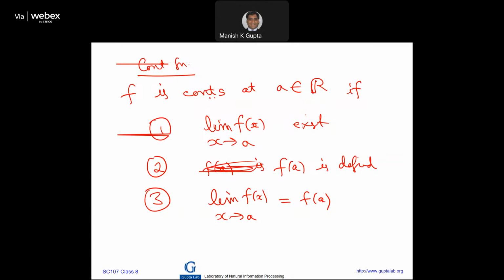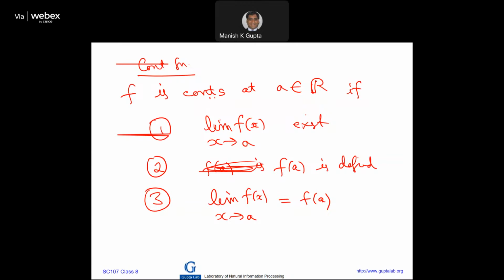And obviously, when you do this, since we have this condition of limit, I have epsilon delta business. So I can easily write down the formal epsilon delta definition. And that will be that function f of x is continuous at a point x equal to a if for every epsilon positive there exists delta positive such that mod of f of x minus, in place of L, I will have the value of the function which is f of a, is less than epsilon.